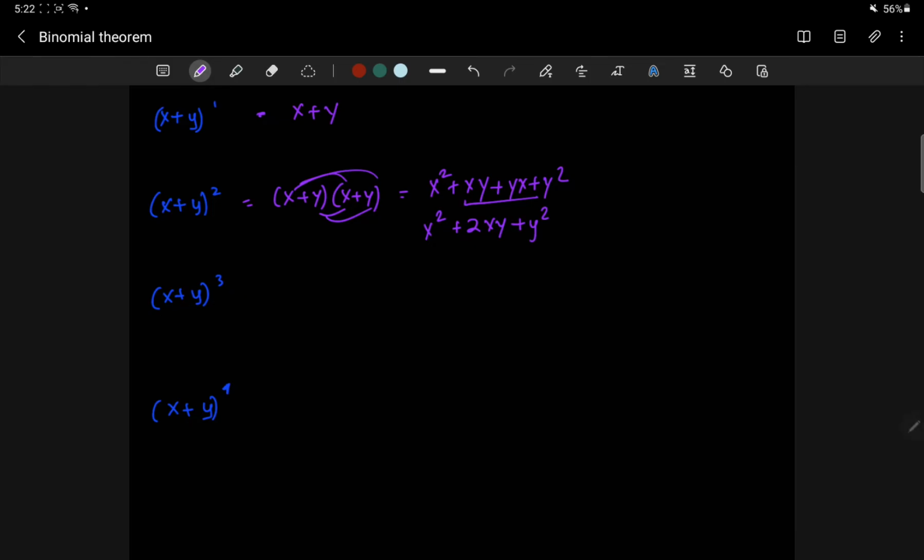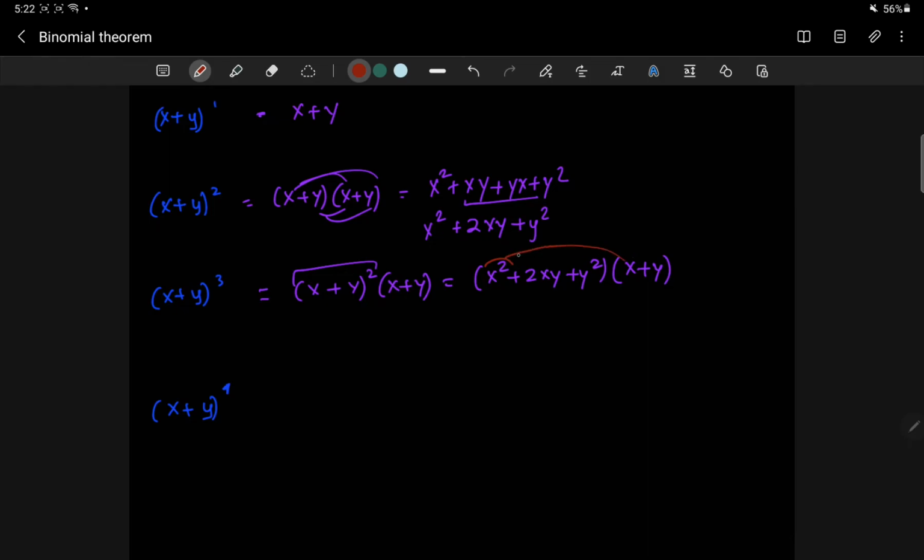Similarly, if you have x plus y whole cubed, then I can write this as x plus y squared times x plus y. Now x plus y squared is actually x squared plus 2xy plus y squared, times x plus y. Again, we can FOIL. Being careful, you have 3 terms and 2 terms that you're FOILing, so you're going to end up with 6 things.